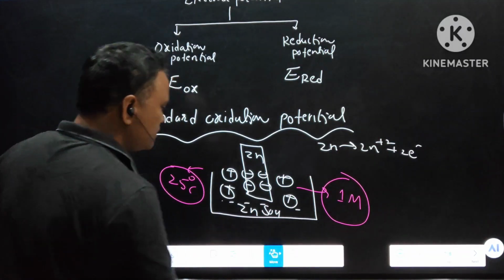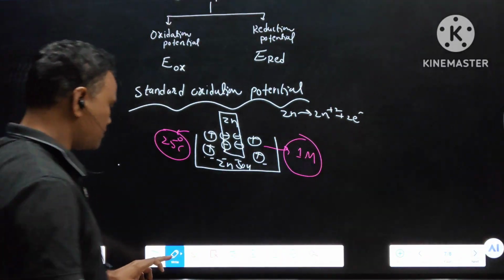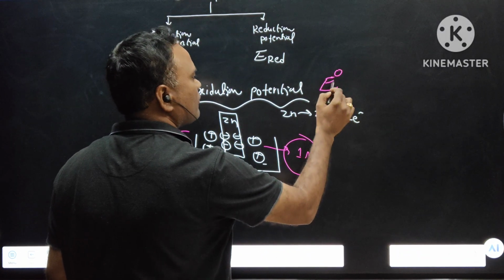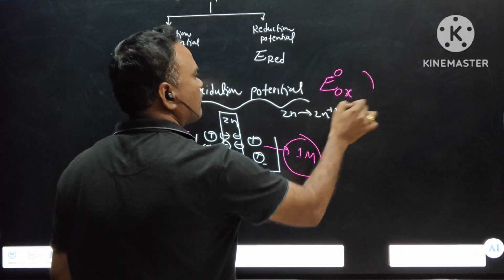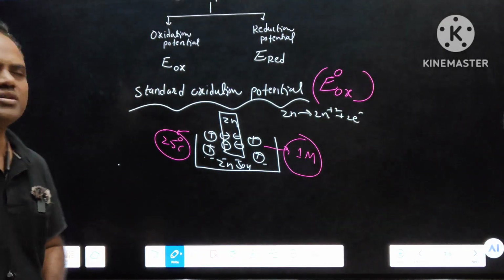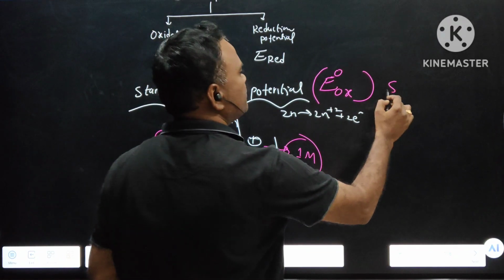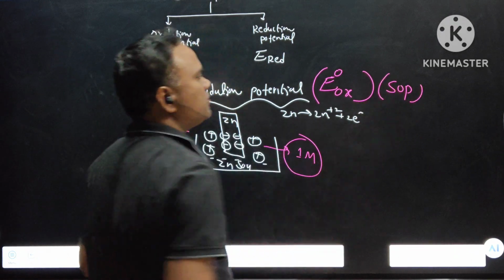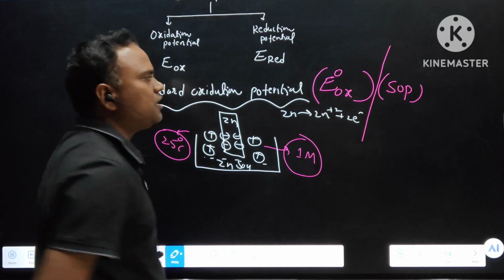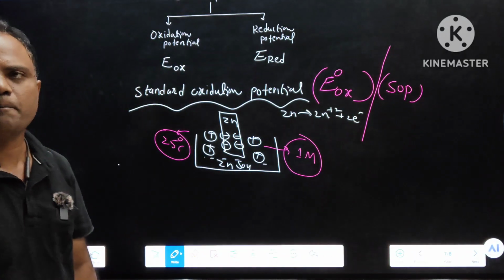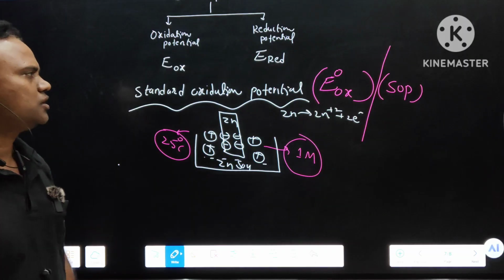Right. The symbol for standard oxidation potential is E naught OX. It is also called SOP, standard oxidation potential. Clear?